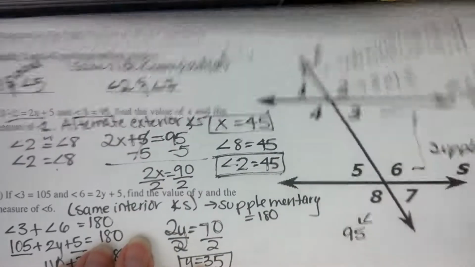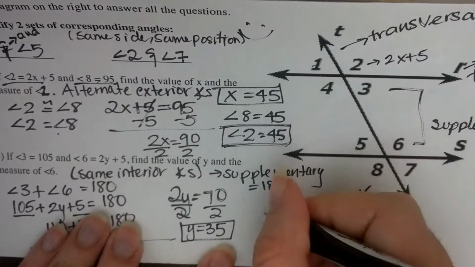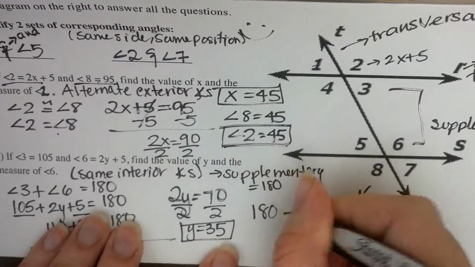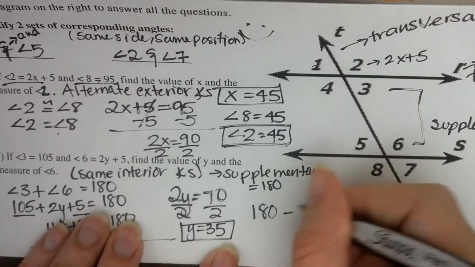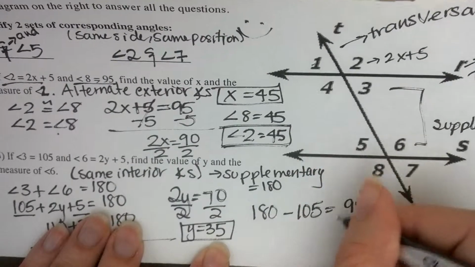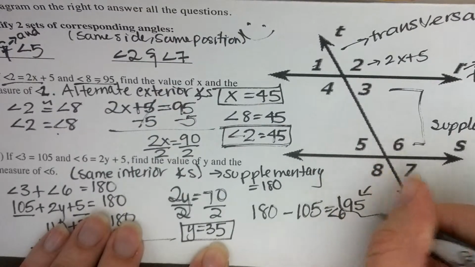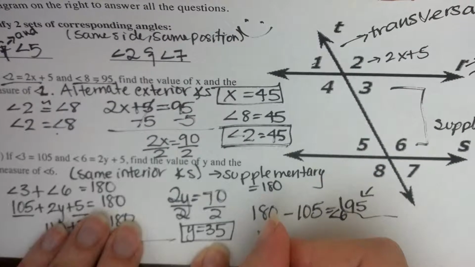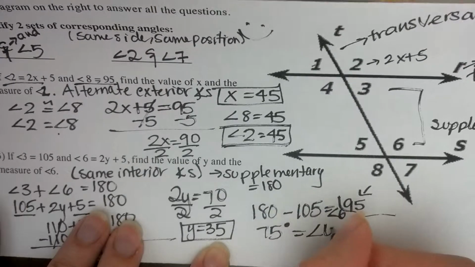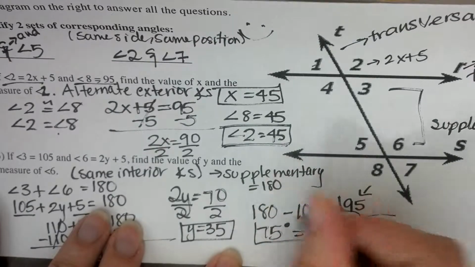So if angle 3 is 105, then the other angle has to be 180 minus angle 3, which is 105. That gives me 75 degrees equals angle 6. And we are all done here.